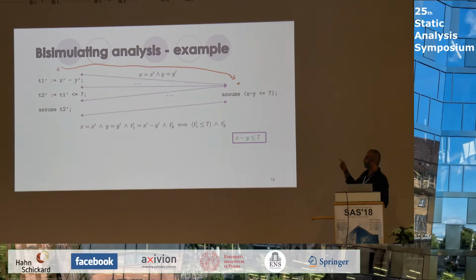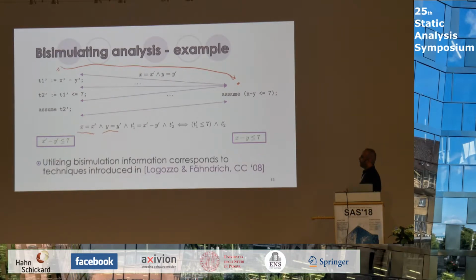Okay, so we're going to do the step, and we know that the source analysis gives that x minus y is less or equal to 7. And then when we jump back to the translated code, we're again going to pick up useful information such as that x is equal to x prime, y is equal to y prime, and clearly that implies that x prime minus y prime is less or equal to 7. So again, the biosimulation information enables us to transfer really powerful invariants from one program to the other.